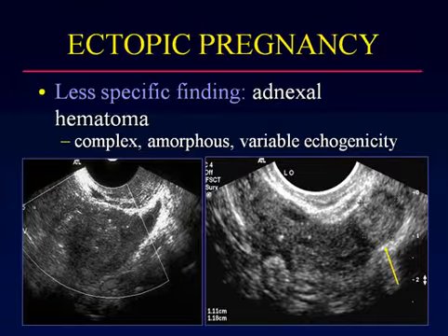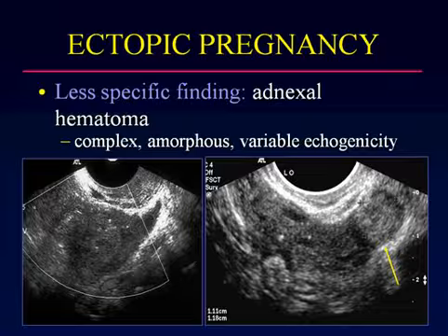Now, the next most specific finding, though probably the most common finding, is the presence of an adnexal hematoma. And this is due to bleeding from the ectopic pregnancy, and the appearance can be very, very variable depending upon how recently the patient had the episode of bleeding, how often the patient has bled, and how much bleeding, of course, has occurred.